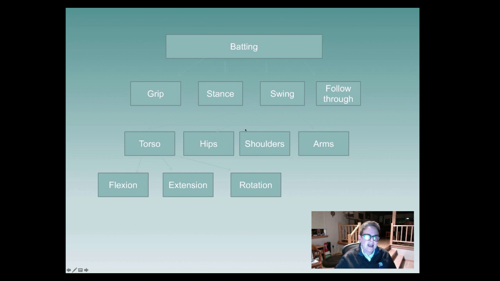So you can see how extensive the motor program actually becomes as we work towards really identifying each piece of the actual executive program, which in this case would be batting.